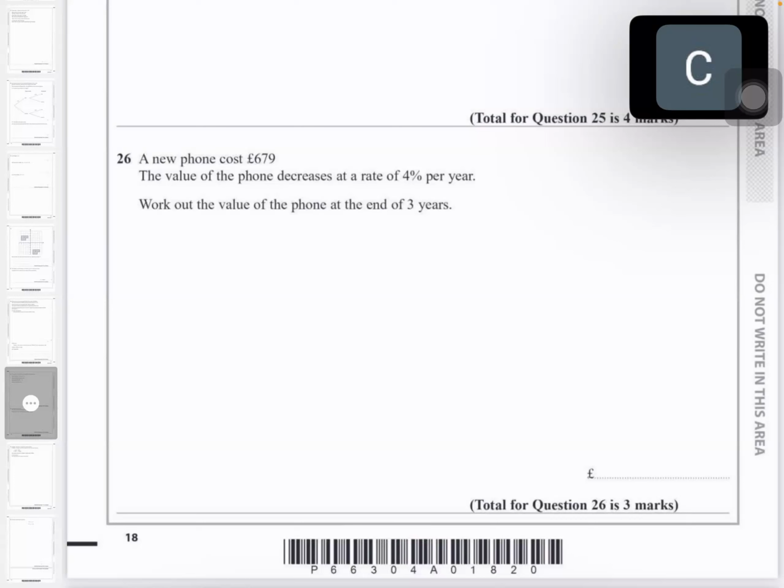Okay. Then let's subtract this 26.73 from 651.84. 651.84 minus 26.73.